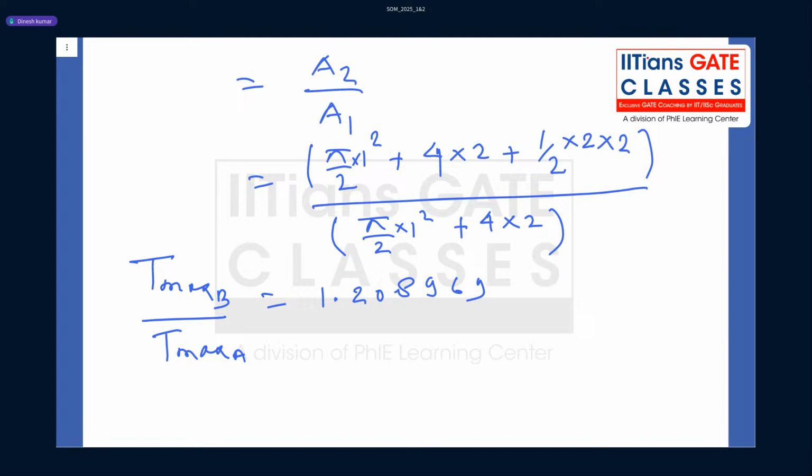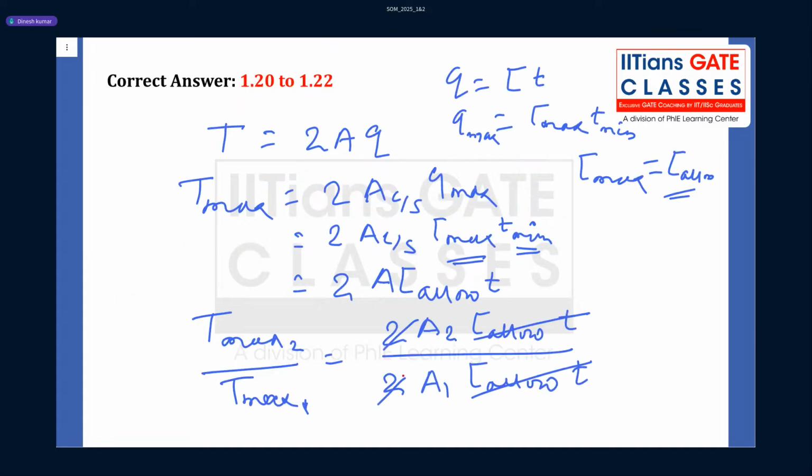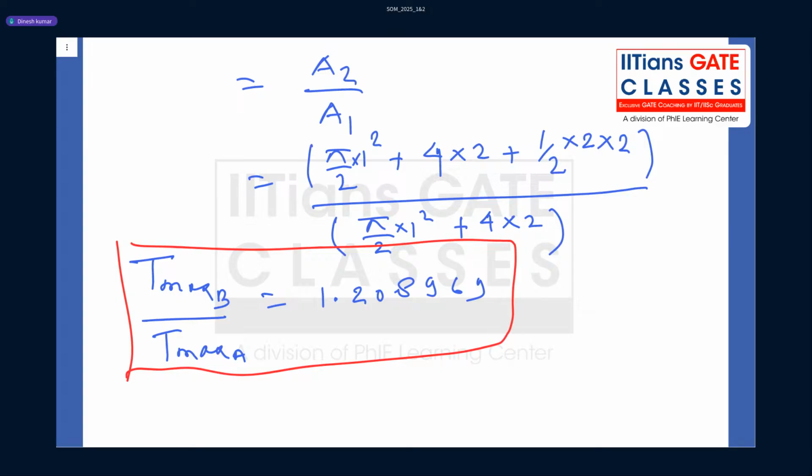If you look at the given answer, the range is given as 1.20 to 1.22. So the correct answer is 1.208969.